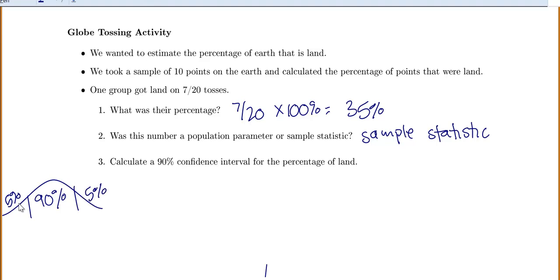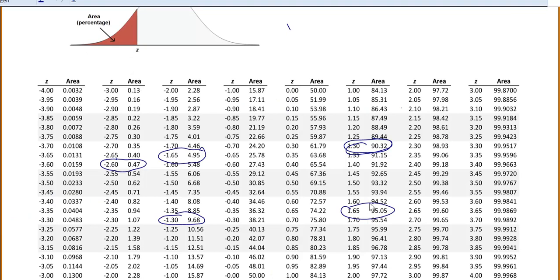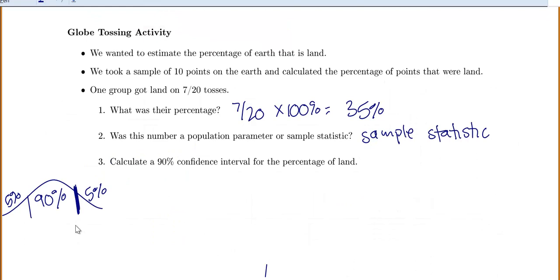Now this time I'm going to say I want to find this line, just because there's multiple ways you can do it. Let's say I want to find this line. The area, all the area to the left actually adds up to 95%. So go to the normal table, make sure you look up 95%, which gives me the positive 1.65. So Z star equals 1.65.